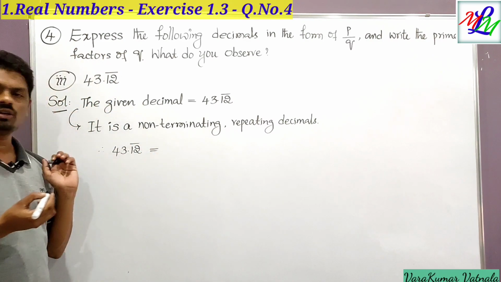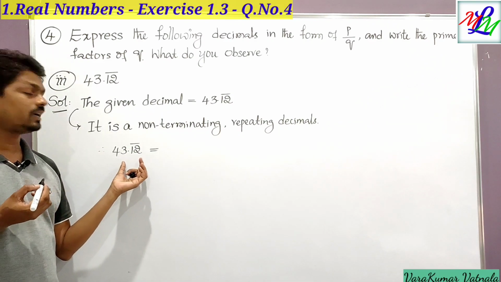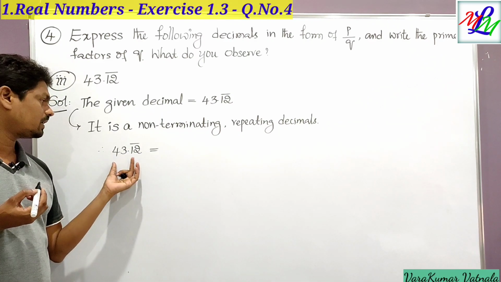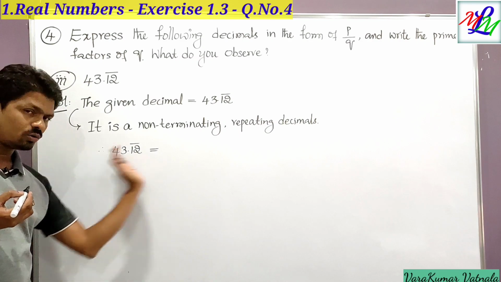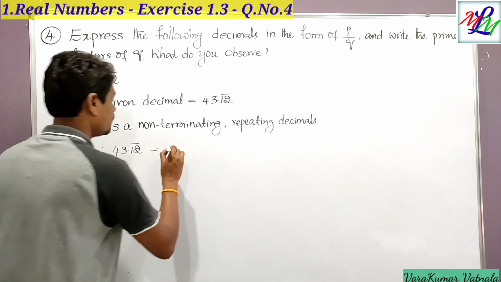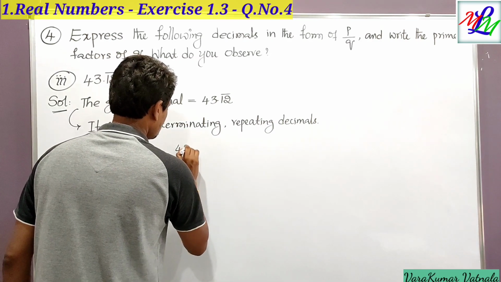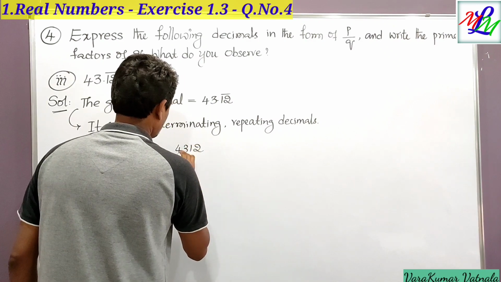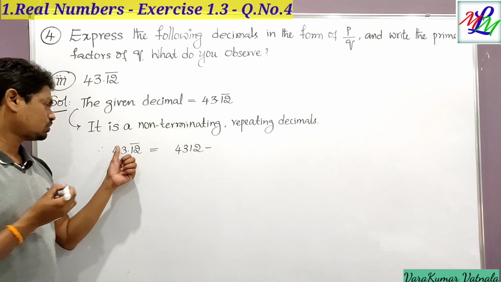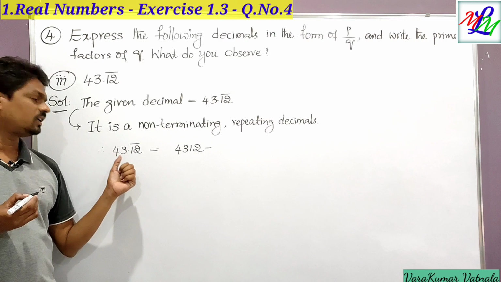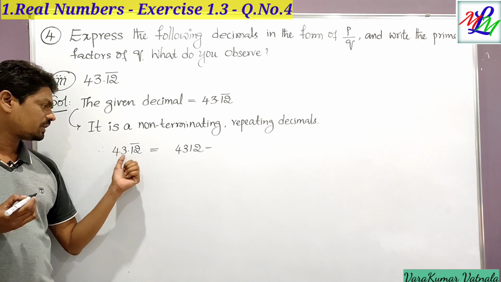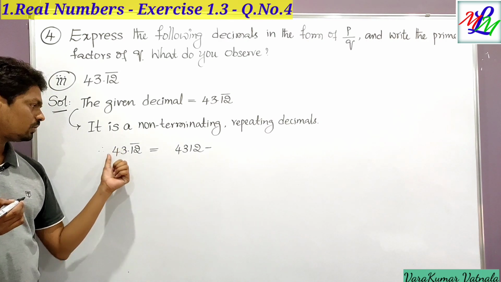Just see, student, you have to remember how I am writing the p by q form of the given decimal. First we have to write all the digits in the decimal: 4 3 1 2. Minus, we have to subtract the integer part of the decimal, the digits on the left side of the decimal point.